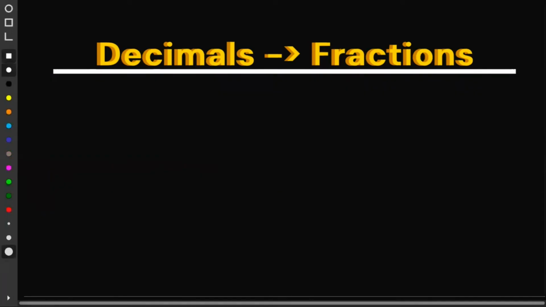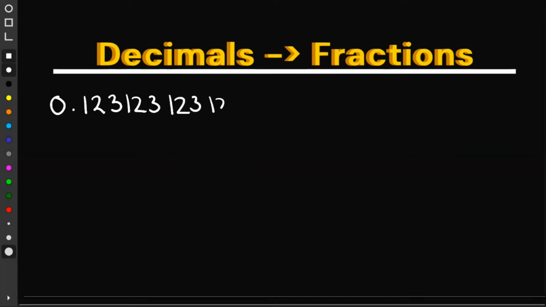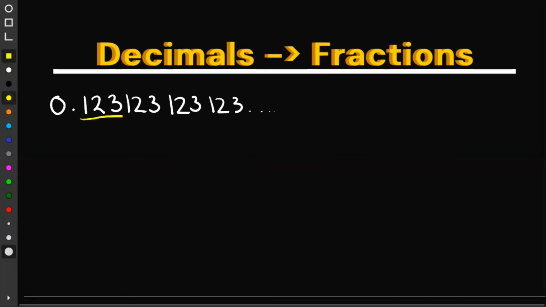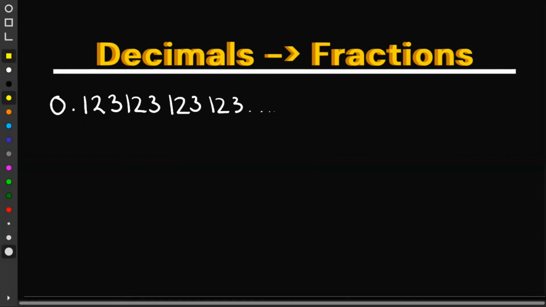Now what if we have this example? What if we have 0.123, 123, 123, and so on? For this case, this decimal is what we call a non-terminating or repeating decimal, since as we can see, this repeats endlessly or infinitely.